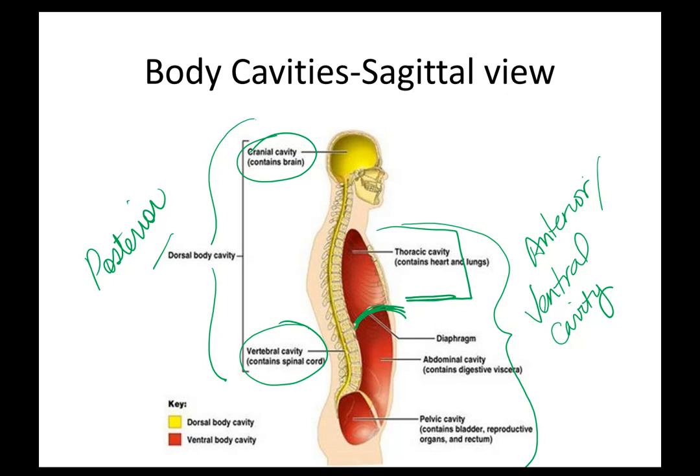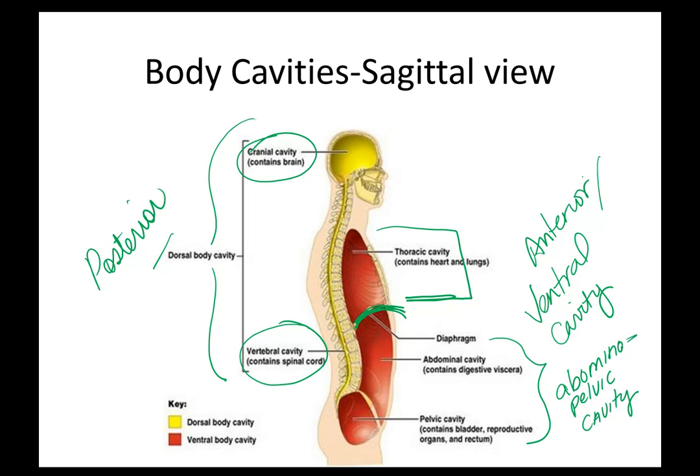And then below that, you've got a combo called the abdominopelvic cavity. Abdominopelvic is one word, I just couldn't fit it in. The abdominopelvic cavity is actually made of the abdominal cavity and the pelvic cavity.